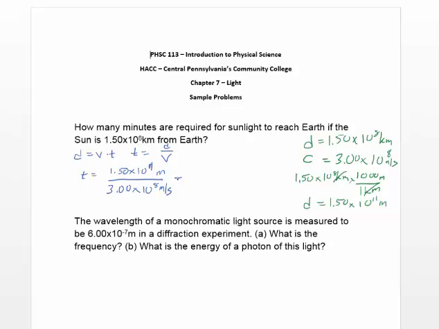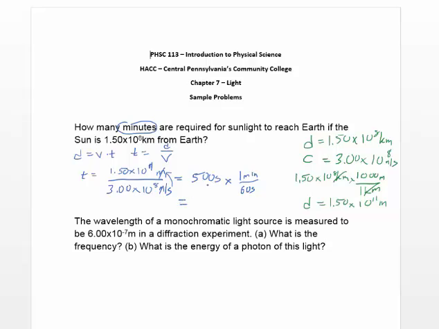Well, if we divide those 2, meters cancel, seconds come up on top, and that will give us 500 seconds. Now, the only thing is we want our answer in minutes. So we have to do another conversion here and say that 1 minute is 60 seconds.